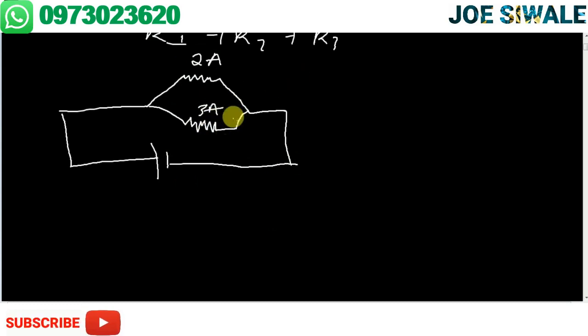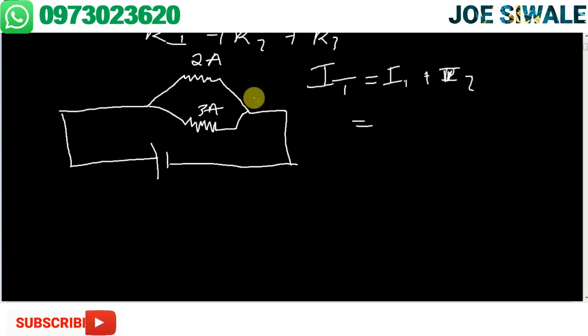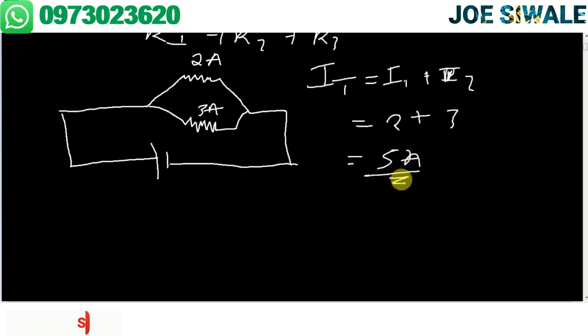As you can see, this is a parallel connection. So to calculate total current, we say current 1 plus current 2. Current 1 is 2, plus current 2, which is 3. So our answer is going to be 5 amps.